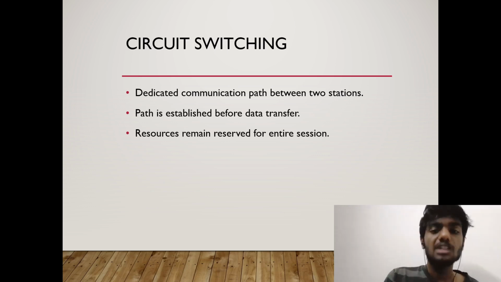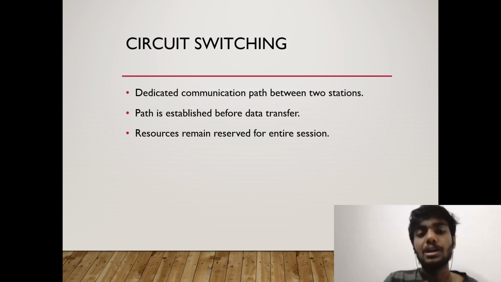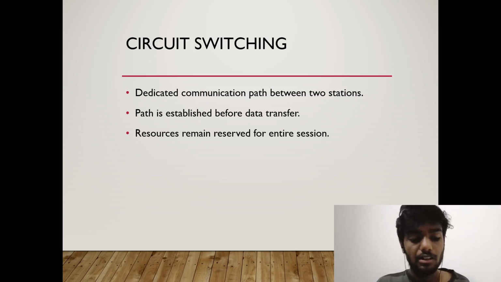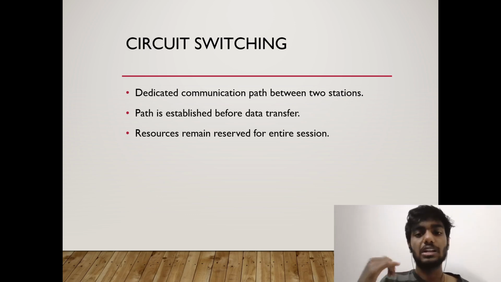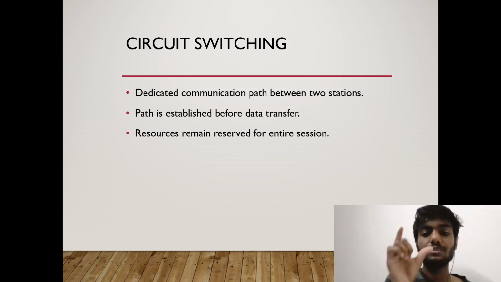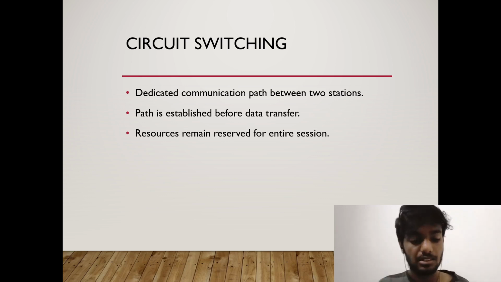Before the communication takes place, a fixed path is established, and this path will remain for the entire session. Even if it is being used or not being used, this path will be present for the entire course of the communication. The best real life example is the telephone network. Whenever we make a call, there is a separate fixed path between the caller and the receiver.